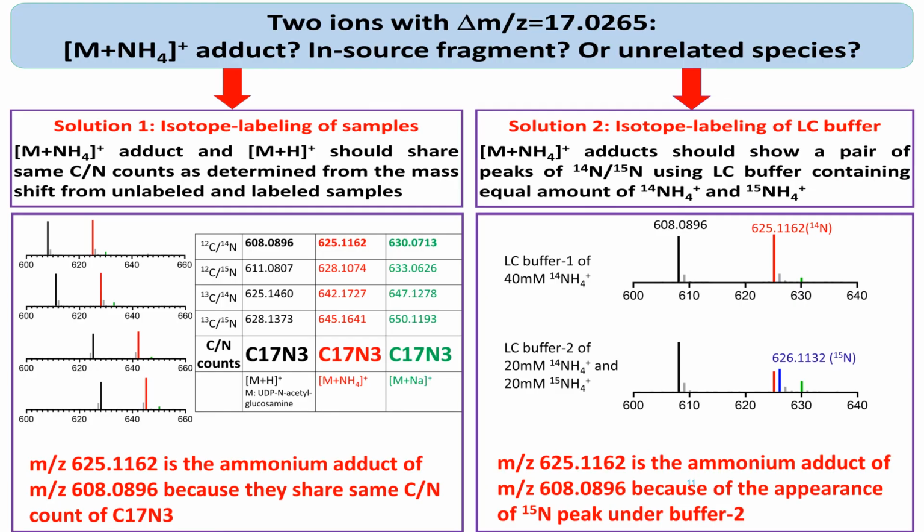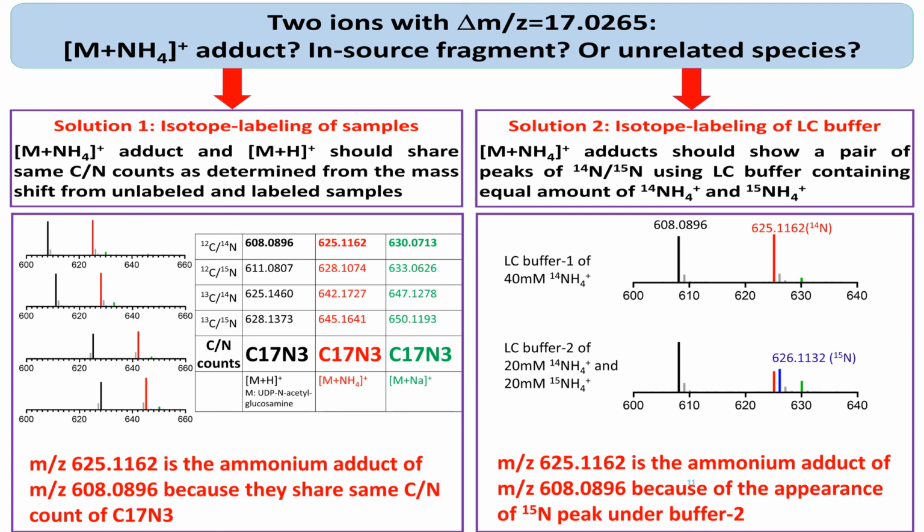By doing this, for every peak in the unlabeled samples, we can assign carbon and nitrogen counts. There is one important feature that we can see: all the adducts from the same metabolite should share the same carbon and nitrogen count.